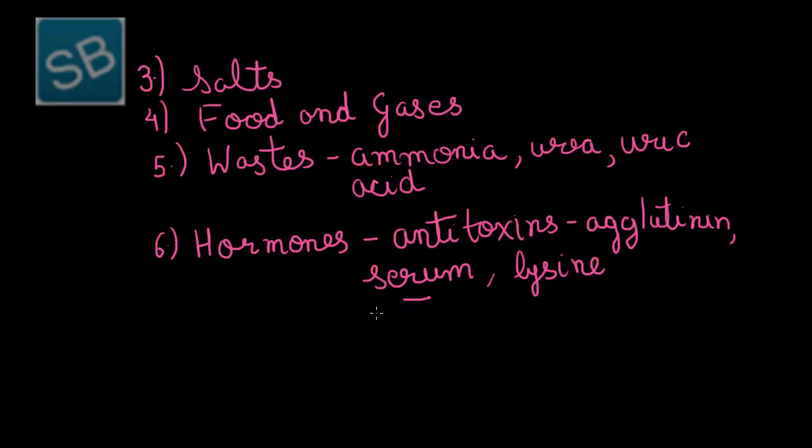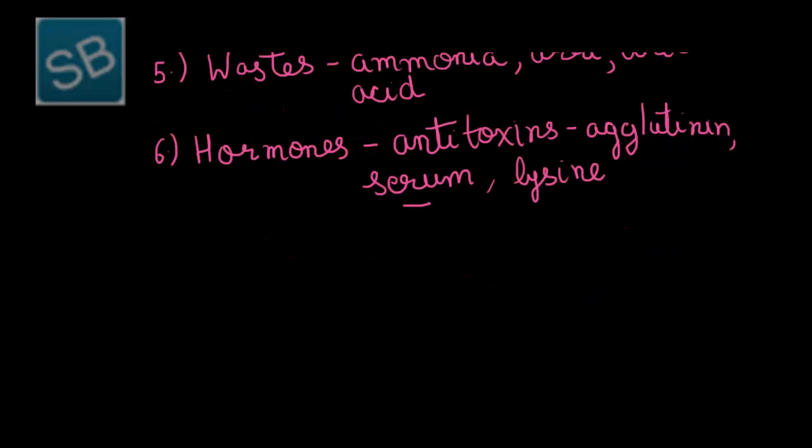Serum is basically the component present in the plasma except the substances that are used for blood clotting. This was the composition of blood plasma. Now we will understand that cholesterol in humans and normal blood sugar level in humans or other animals is basically due to the presence of plasma.